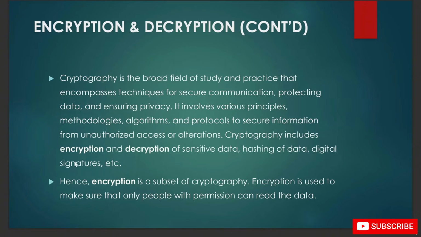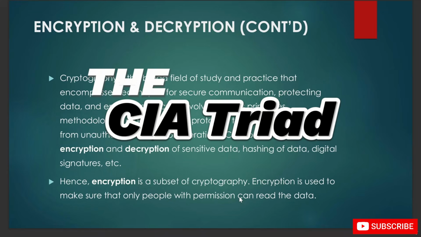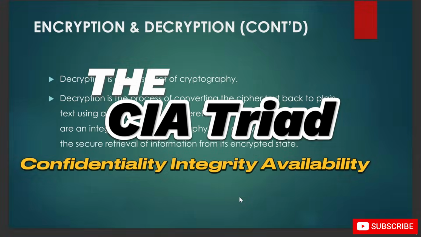Cryptography includes encryption and decryption of sensitive data, hashing of data, and digital signatures. Hence, encryption is a subset of cryptography. Encryption is used to make sure that only people with permission can read the data. This is what we call confidentiality, which we have in the CIA triad. All right, so let's move on.